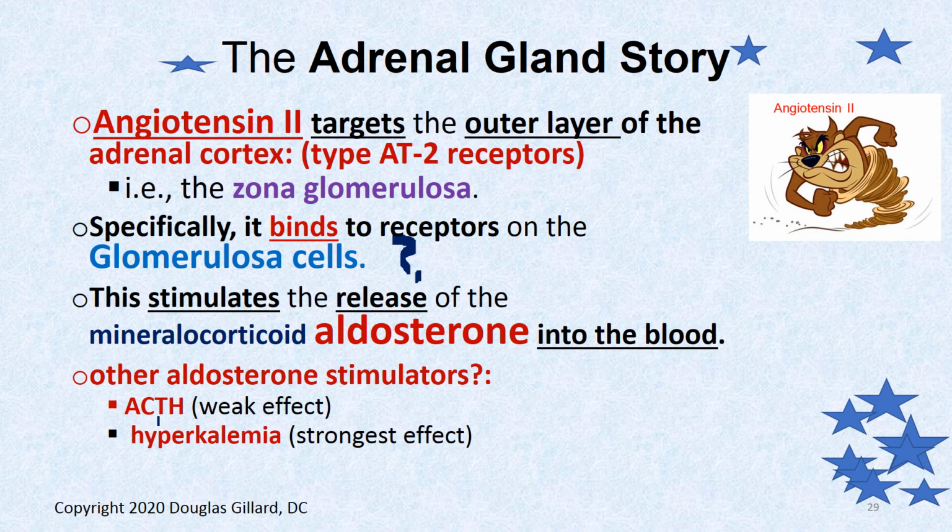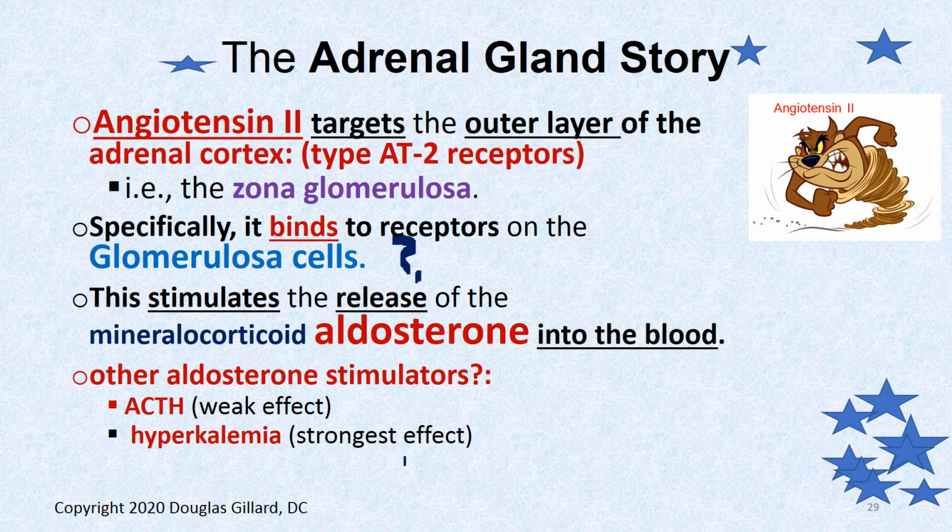Actually, ACTH, adrenocorticotropic hormone, has an ability to bind to glomerulosa cells a little bit. So it can stimulate a little bit of aldosterone release, but it's very weak and you can't live with that alone. But for full power secretion of aldosterone, you do need a functioning pituitary, because you do need that ACTH.